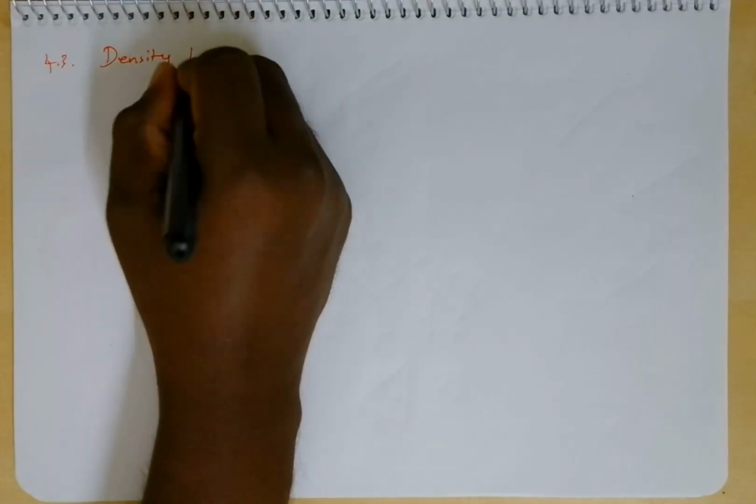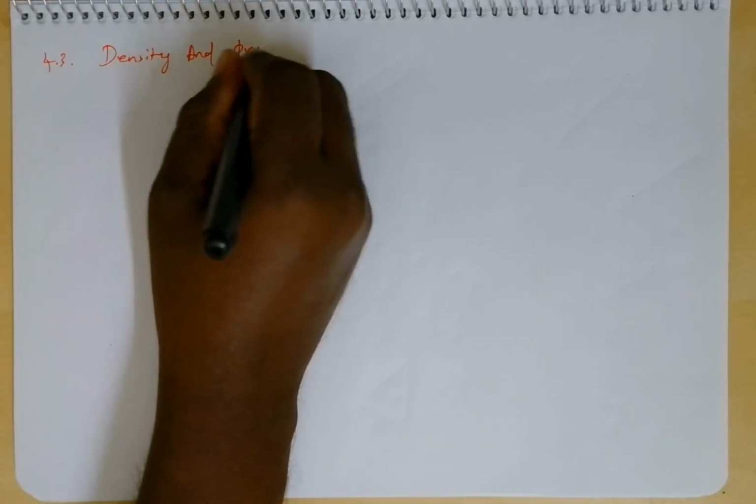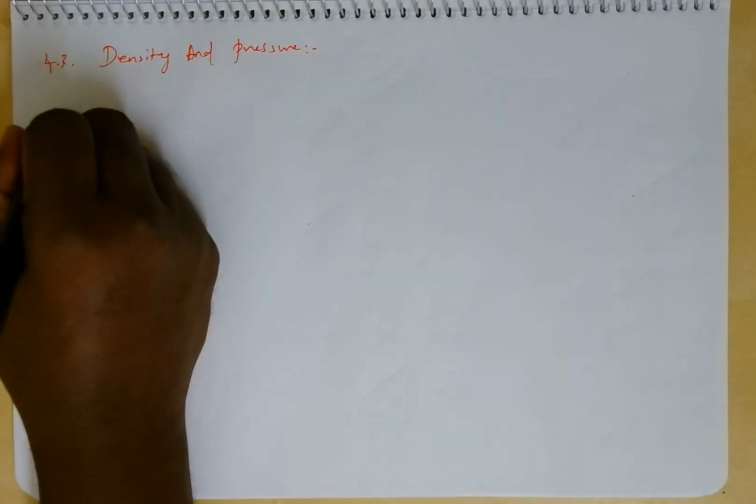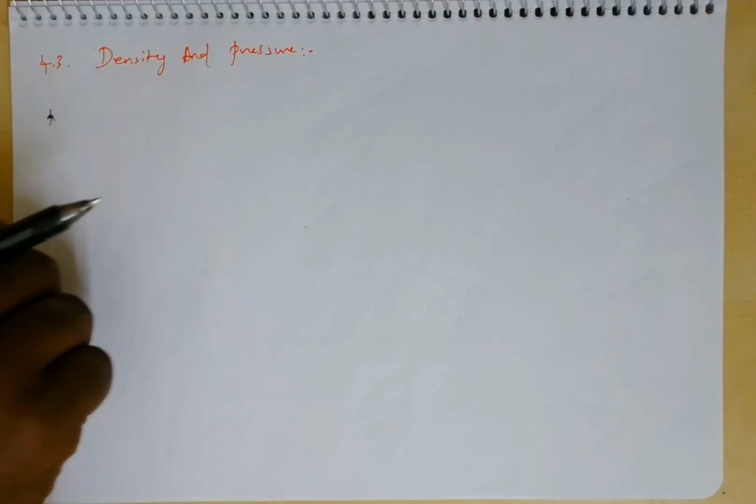So it's 4.3, density and pressure. So what is the definition of density?